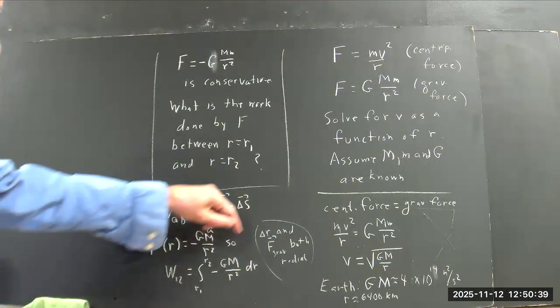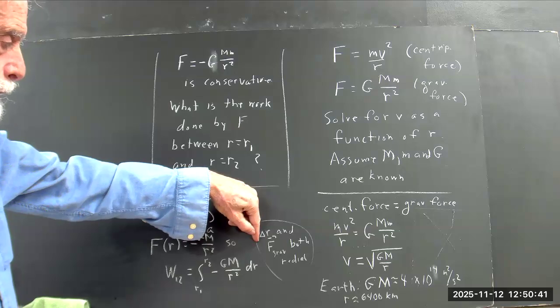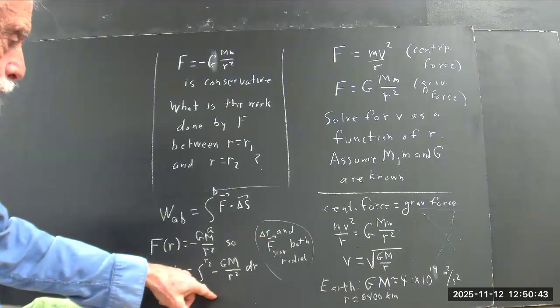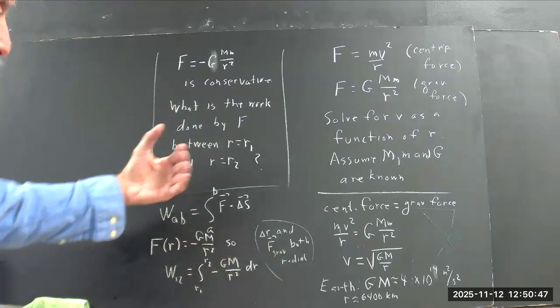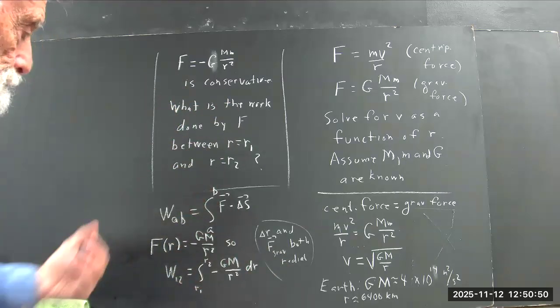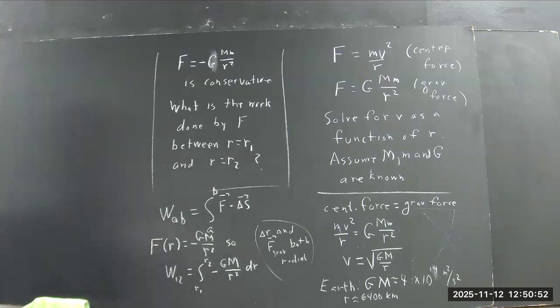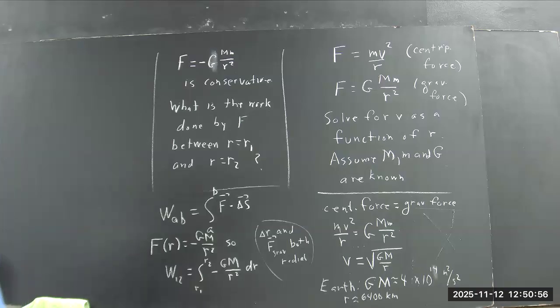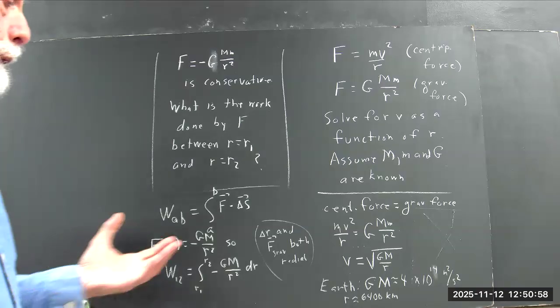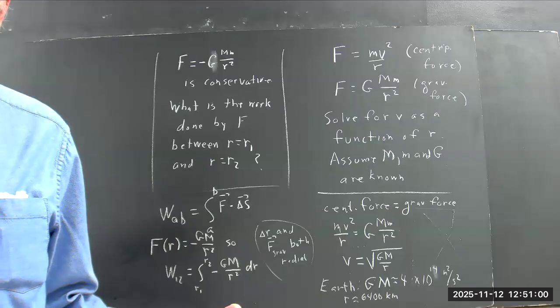I'll just make the note that delta R and the force of gravity are both radial when you're setting up this integral. So dr is going to be radial. Gravity is going to be radial, but toward the center of the Earth. I didn't say whether moving toward the center or away from the center.